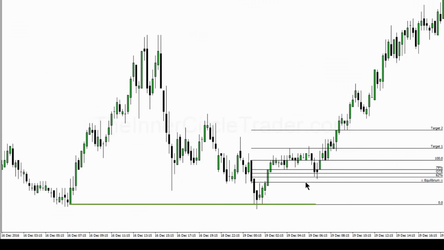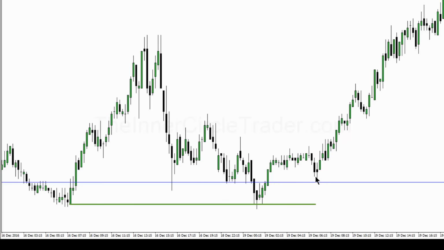So we have equilibrium down here. Price trades all the way down to this level here, but falls short of equilibrium. So we have a level at which price could reasonably trade down into, but it doesn't do it here. So price trades lower here and then rallies through its own 3 consecutive down candles. So this is an order block as well together, all 3 candles.